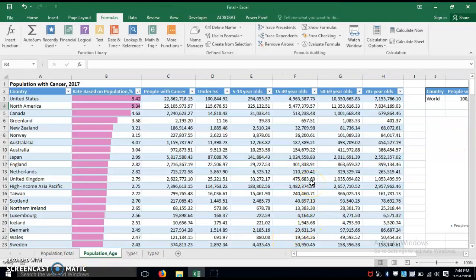Then I researched that there are 5 different age groups of people having cancer. We have really young kids under 5 years old. Then we have the age groups 5-14, 15-49, 50-69, and 70 plus years old.